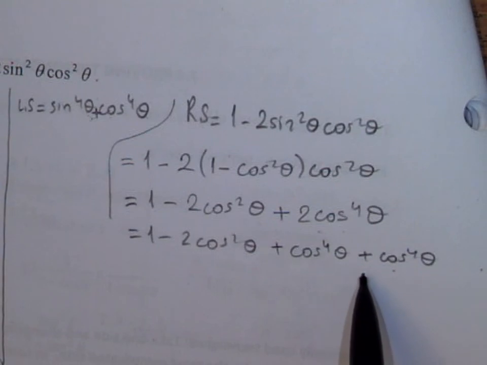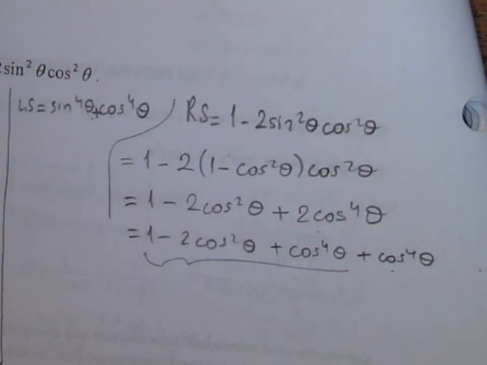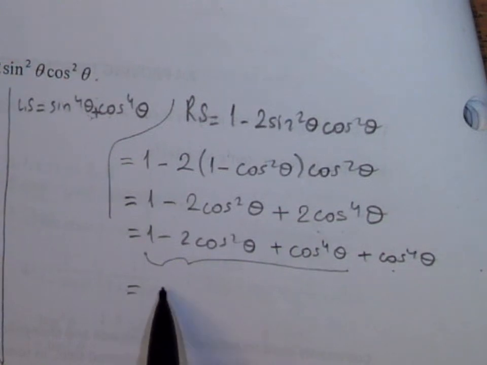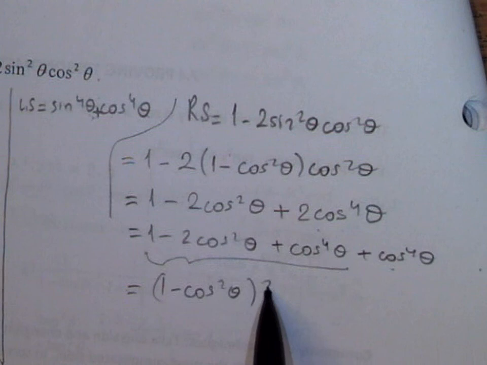Okay, so now can you see what is going on here with these three terms? Huh? It's a perfect square trinomial. So actually that is 1 minus cos square theta squared.